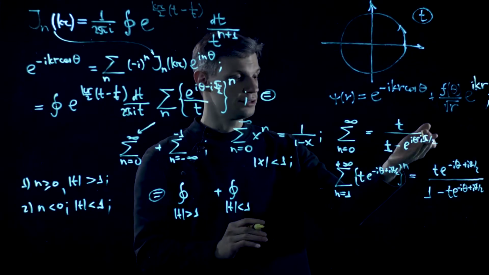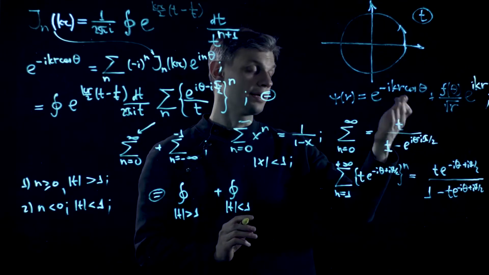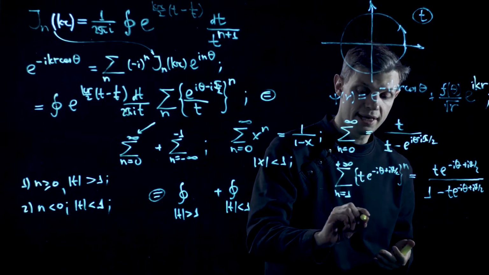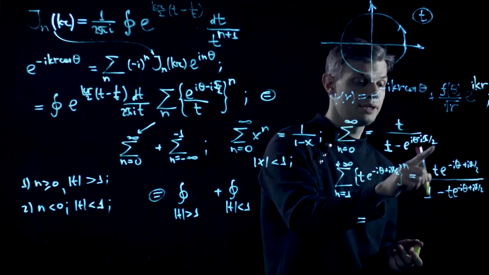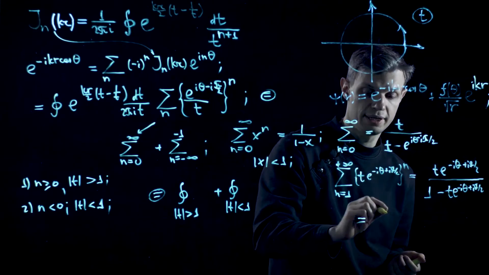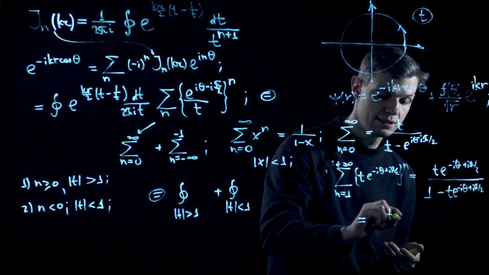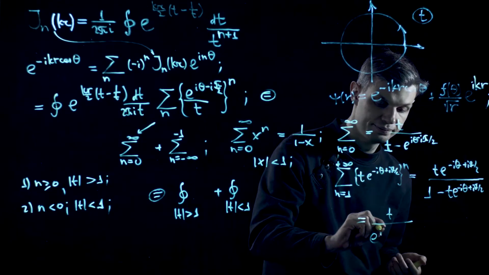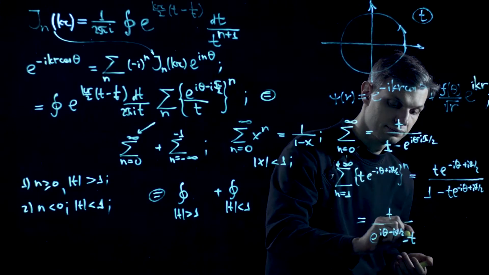Now, if you look at these two terms, you will immediately notice that the only difference between them is the general sign. Otherwise, they're completely identical. Indeed, we can multiply the denominator in the second expression by the corresponding exponential to get just an identical expression.